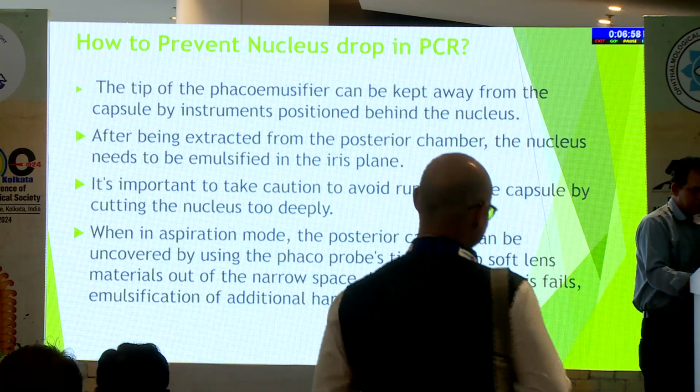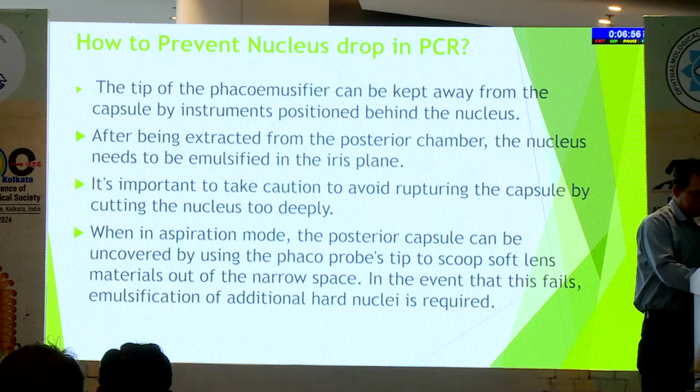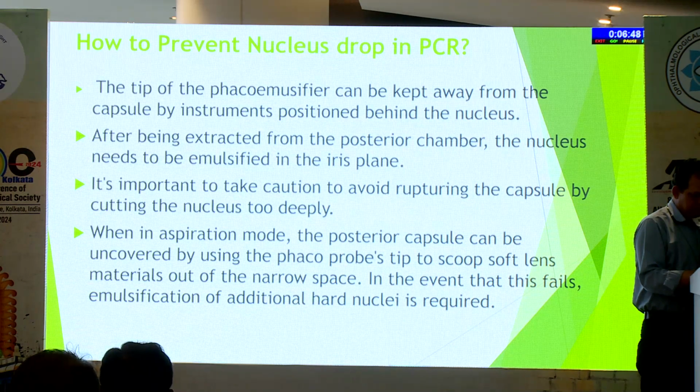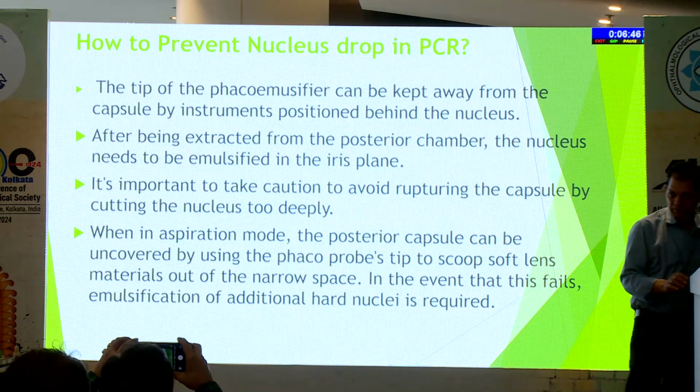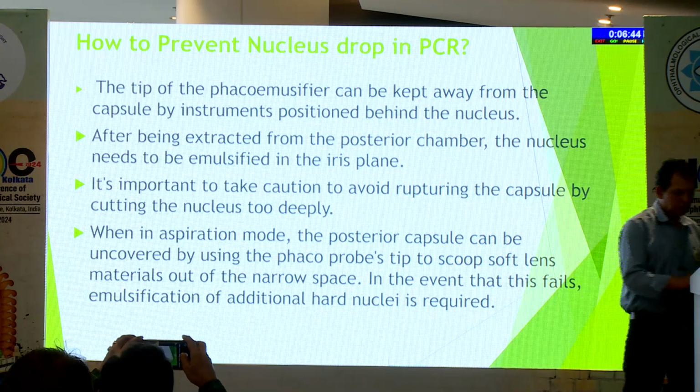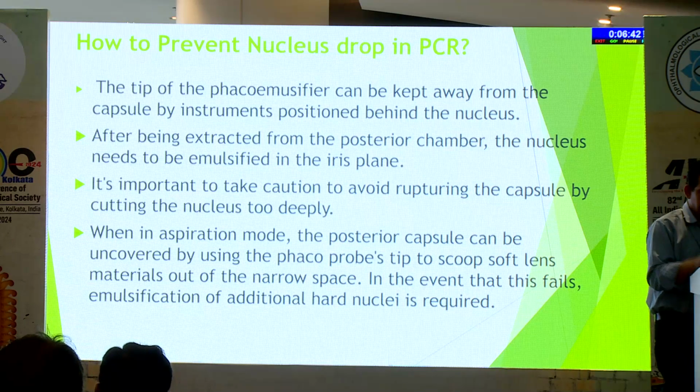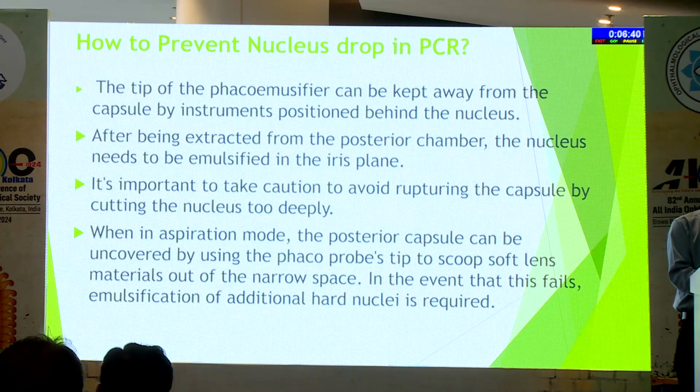If it happens, how to proceed after the nucleus drop, after PCR? After PCR you can still hold your nucleus and prevent it going back into the vitreous. Put your phacoemulsification tip away from the capsule, with another instrument behind the nucleus, and after being lifted from the posterior chamber, the nucleus needs to be emulsified in the iris plane.